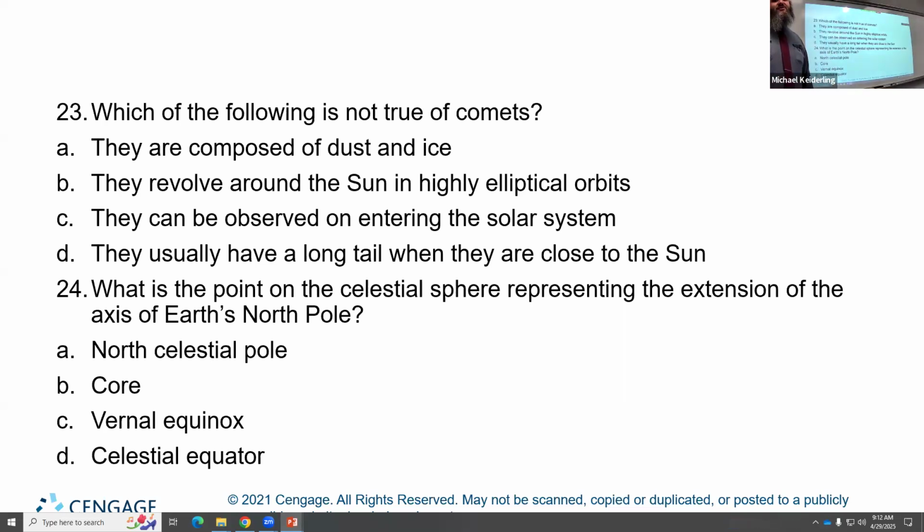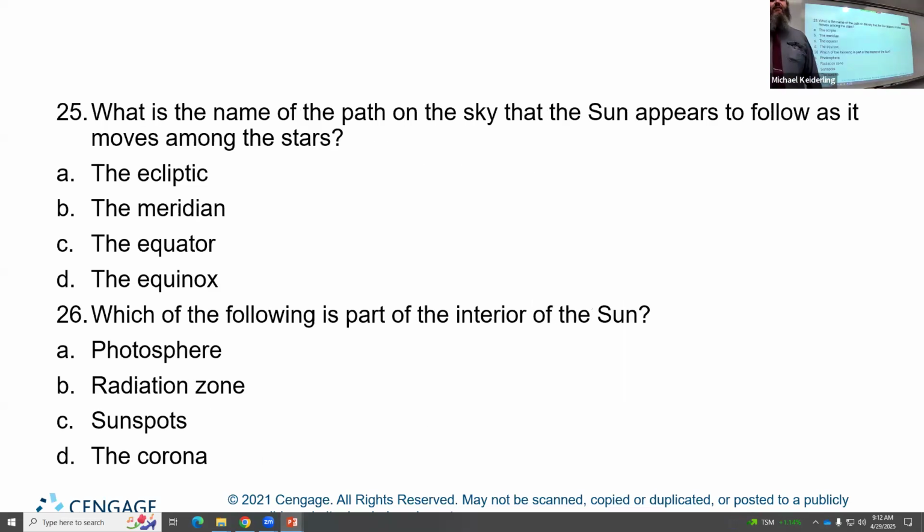What is the point on the celestial sphere representing the extension of the axis of Earth's North Pole? That is the North Celestial Pole, which currently points near the star Polaris. What is the name of the path in the sky the sun appears to follow as it moves among the stars? That is the ecliptic. Which of the following is part of the interior of the sun? That is the radiation zone, which is the layer above the core, which generates energy.